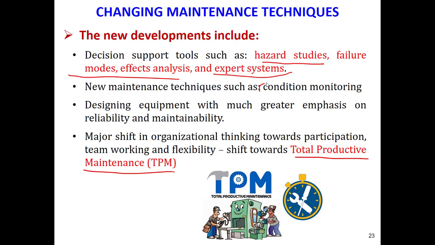Condition monitoring is also a new technology, a new method, that lets you monitor the condition of your equipment: if it's in good condition or bad condition, if it's working at maximum capacity, or if there are some issues. You don't have to wait until the equipment fails and then take action. You can really monitor the condition of that equipment.